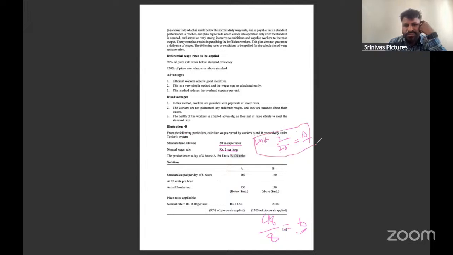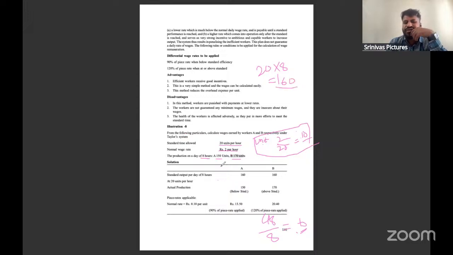And one more thing: the production of the day of 8 hours is 150 units by A and 170 units by B. Generally, per hour how many are they producing? 20 units into 8 hours. Total, how much are they going to produce? 160 units. Is it clear?